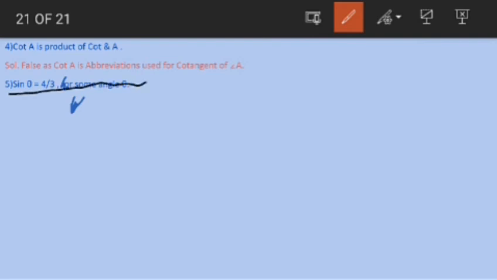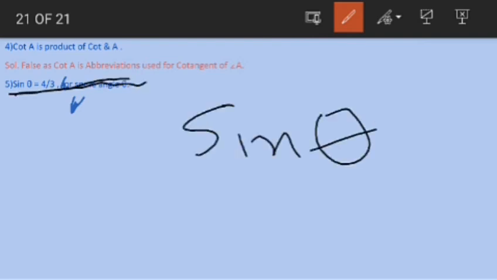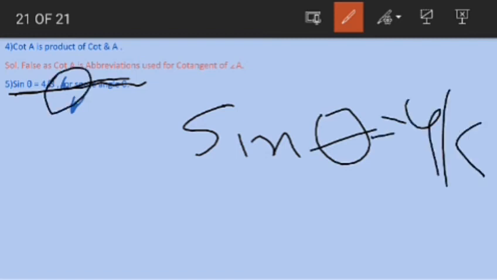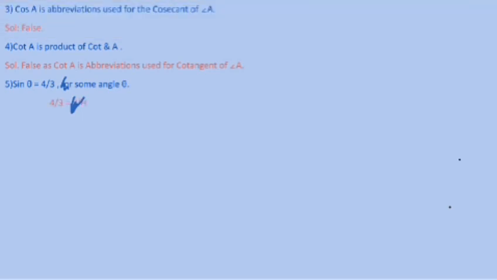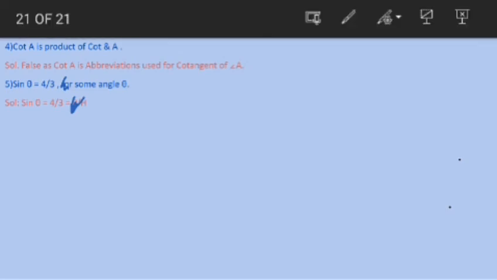It is going to be somewhat like sine theta equals 4 by 5. Okay, class, so here instead of 3 we are using 5. Remember, instead of 4 by 3 we are using 4 by 5. Sin theta is going to be 4 by 5, that is perpendicular upon hypotenuse.